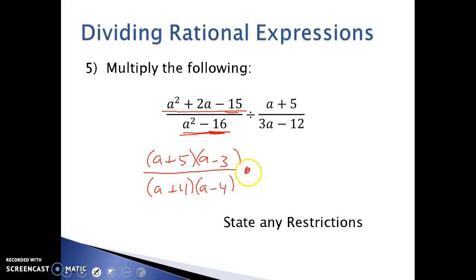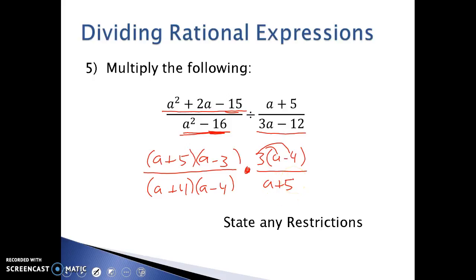So I'm going to multiply this by the reciprocal. So when I'm dividing by a fraction, I can multiply by the reciprocal. So that means that the top is going to be the 3a minus 12, but I'm going to factor out the 3, and it's going to be 3 times a minus 4. Because 3 times a is 3a, 3 times negative 4 is negative 12. And then in the denominator, I'm going to have the a plus 5.